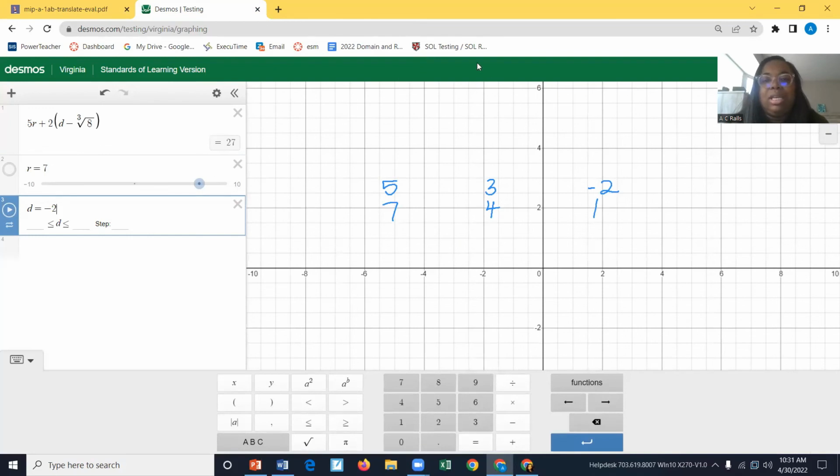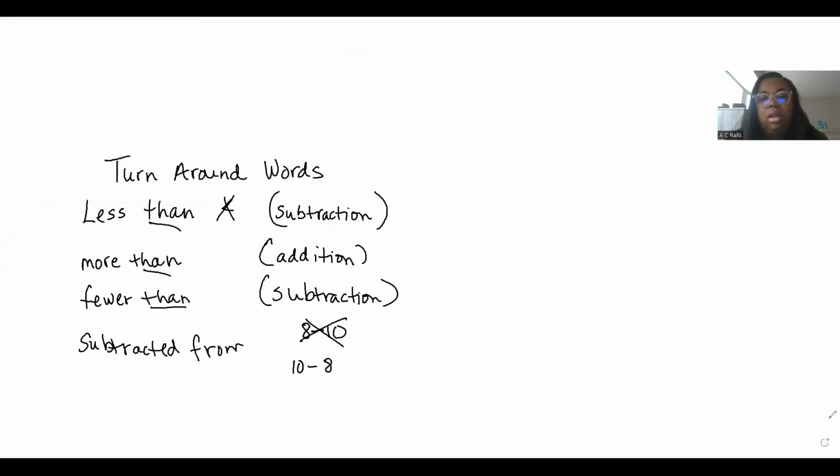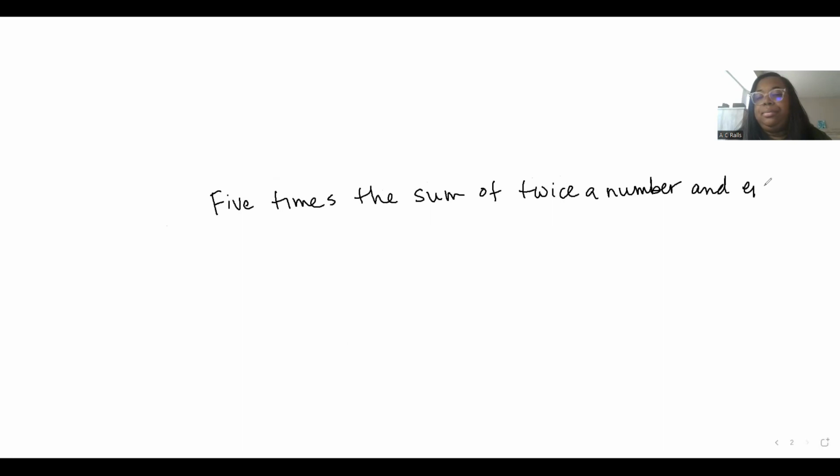And so the last thing that is going to take us out of this video is I want to make sure that you are guaranteed to be prepared for expressions that may require you to write parentheses. So someone said 5 times the sum of twice a number and 8.